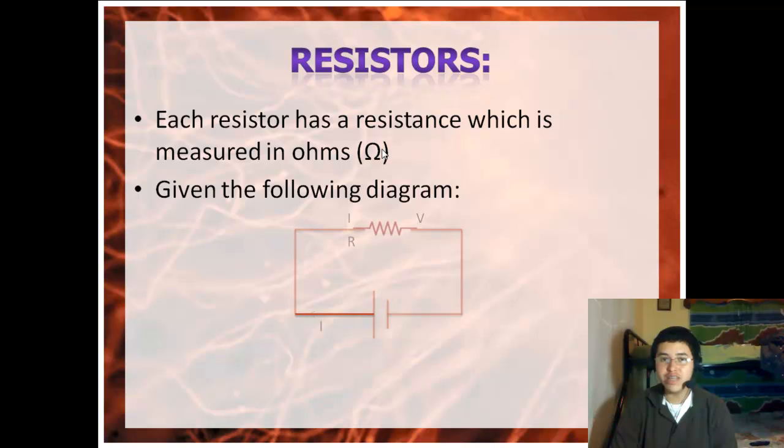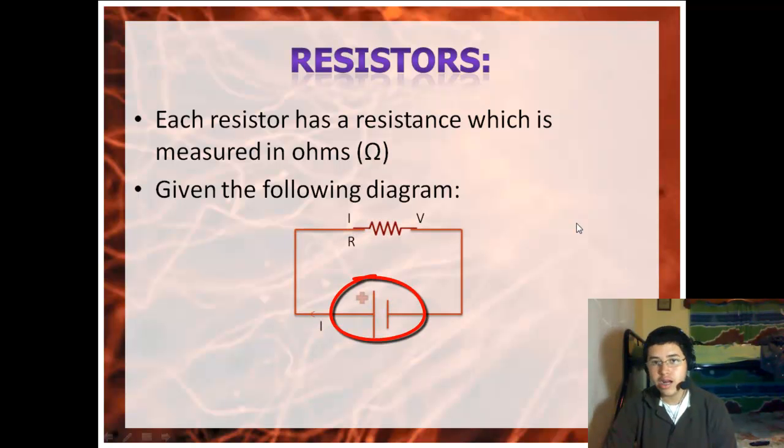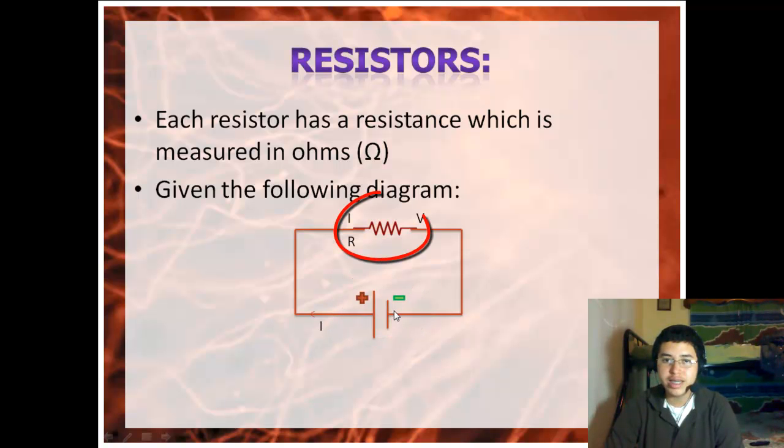Now if we see the following diagram, here having our power source, this side being positive and this side being negative, and here we have our resistor.